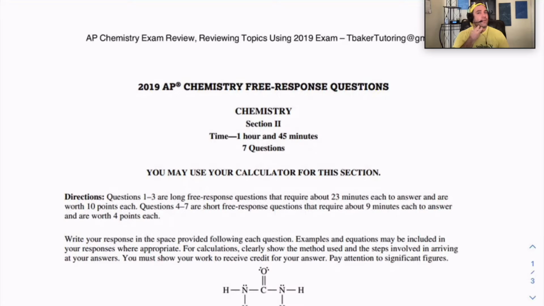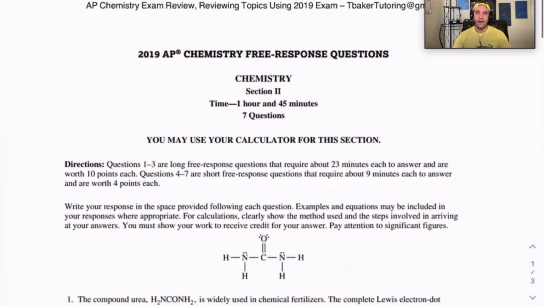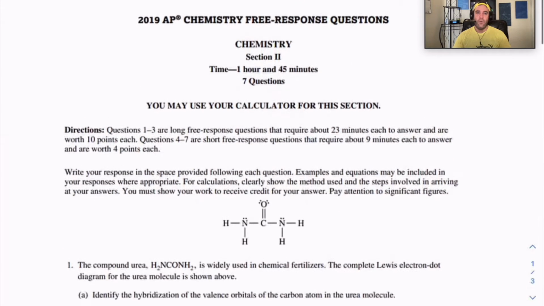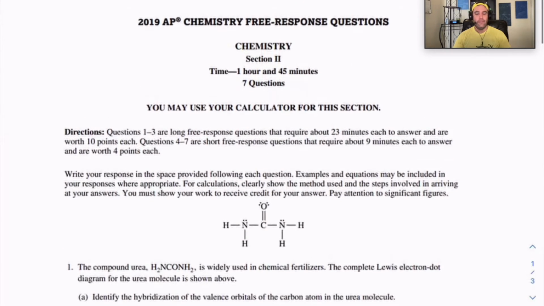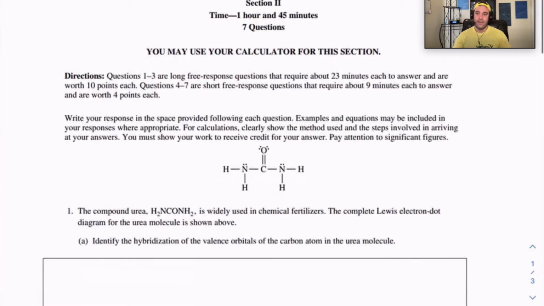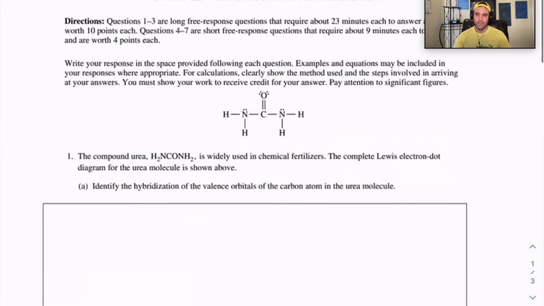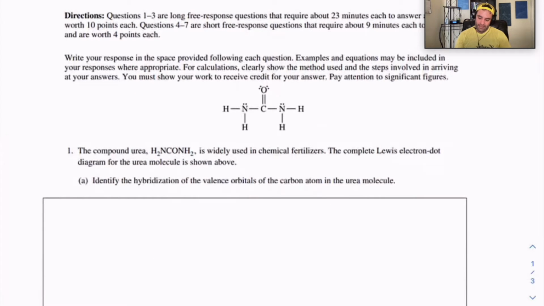And so the first test that I'm going to go through with you is the 2019 test, and the question is the first question, 1A. Now the question simply goes, what is the hybridization of the carbon atom in this molecule?